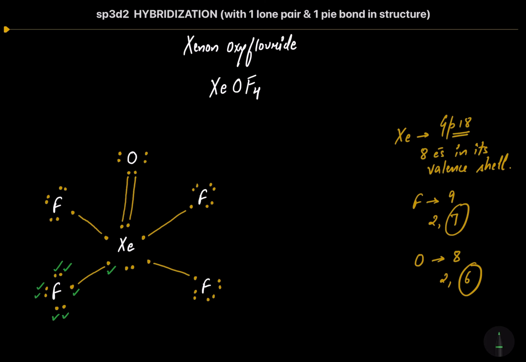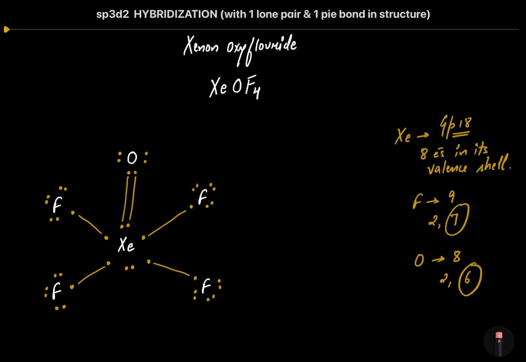So the first fluorine has attained octet after the formation of 1 bond with the xenon. Now let's come to the second fluorine. I'm counting the electrons. 1, 2, 3, 4, 5, 6, 7, and the 8. So the second fluorine has also attained octet, that is 8 electrons, after the formation of 1 bond with xenon.